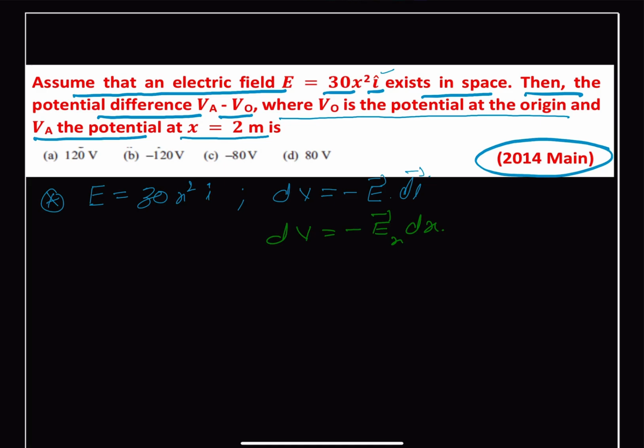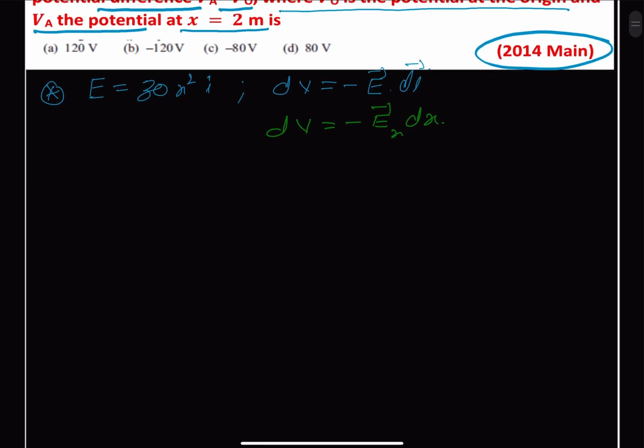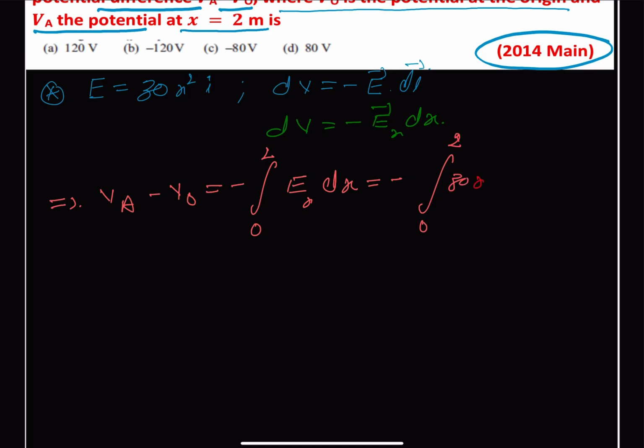So we can write our dV, which will be equal to VA minus V naught, and this comes as the integration from 0 to 2 of minus E of x into dx. We substitute the value of E of x, that is 30x² dx.